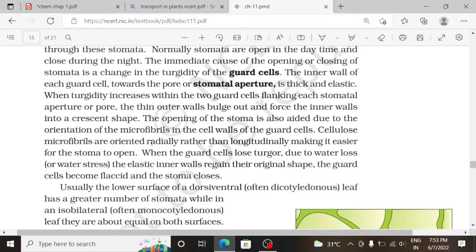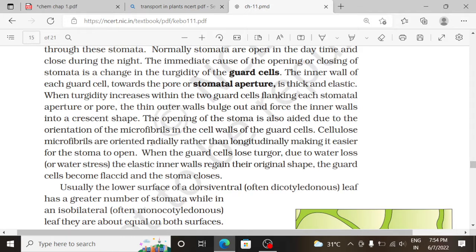The inner wall of each guard cell towards the pore, or the stomatal aperture, is thick and elastic. When turgidity increases within the two guard cells flanking each stomatal aperture, the thin outer walls bulge out and force the inner walls into a crescent shape. The opening of the stoma is also aided by the orientation of the cellulose microfibrils in the cell walls of the guard cells.